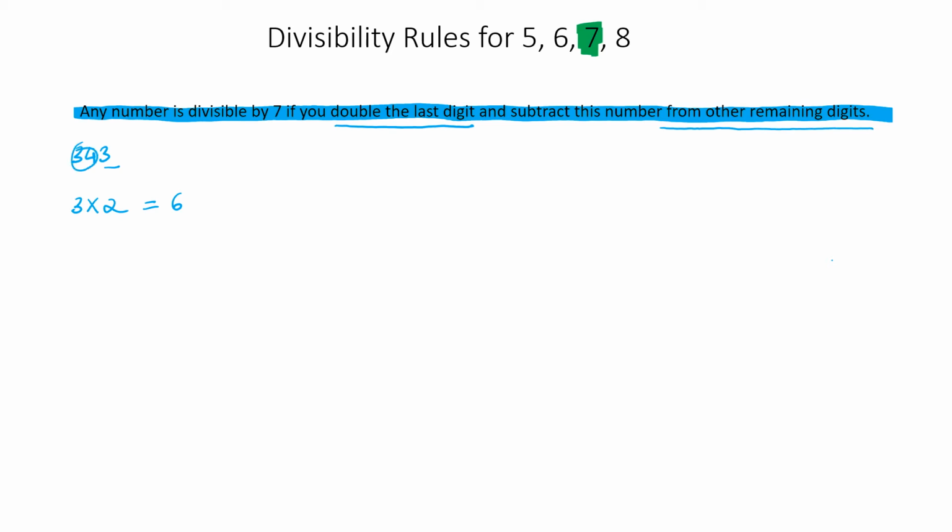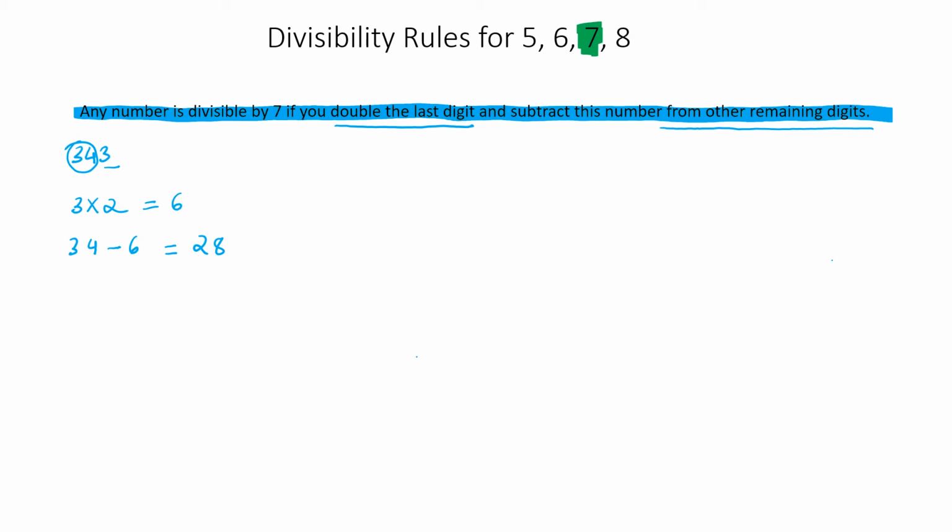So we're going to be doing, sorry, that was a terrible circle, 34. So we'll be doing 34 minus 6, which gives us 28. Now compared to 343, 28 is so much easier to check whether it's divisible by 7.